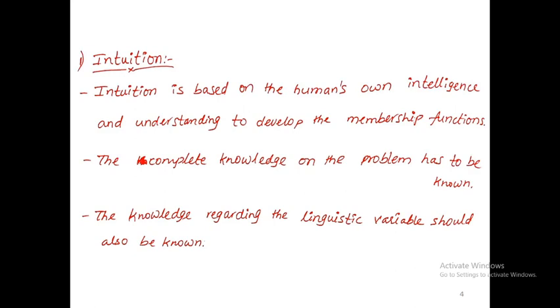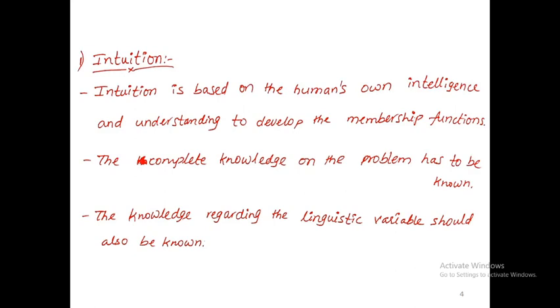The knowledge regarding the linguistic variables means whether it is S, A, B, C, D, or taller, shorter, medium height. Those variables need to be defined properly. When we understand that knowledge, or when we understand the issue properly, then only we can give those variables properly.